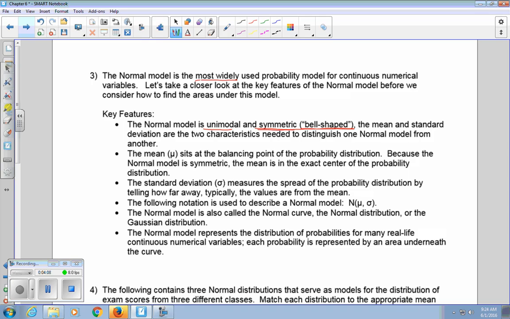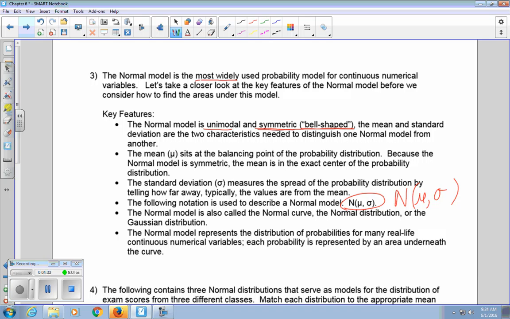The normal model uses this notation, which we want to become familiar with. The N says it's normal, and then it has the two pieces of information you need to know. First, people put in the mean, then a comma, and the standard deviation. This is conventional, the way you'll always see the normal model written.